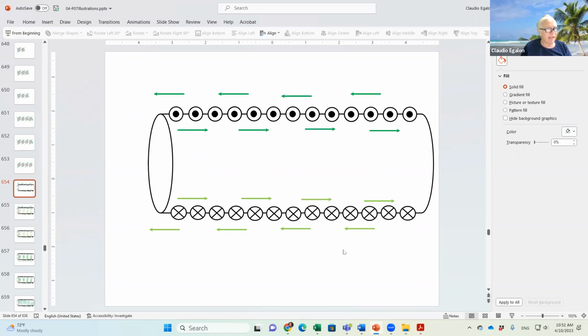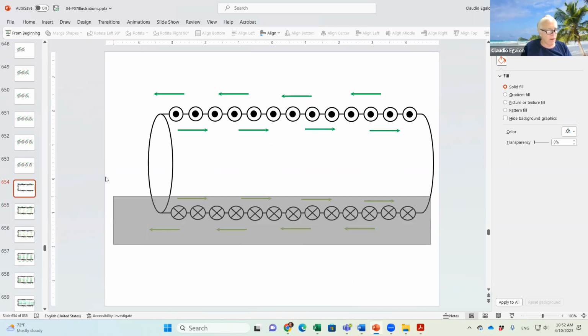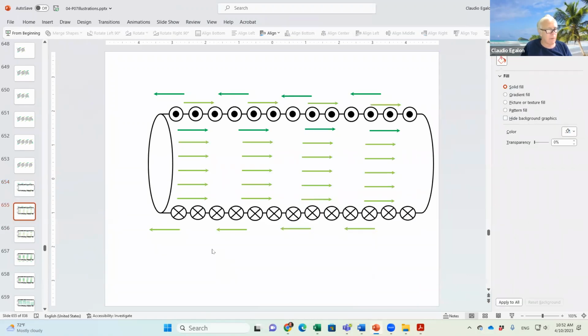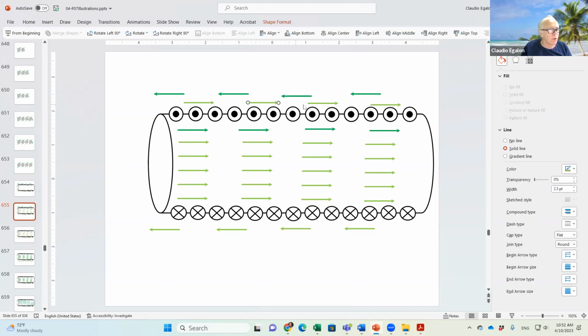I'm going to extend the field of those bottom wires right here, all the way up. They not only extend within the solenoid, but they are also present right in here. And look what happens. These fields here tend to cancel out those fields here.